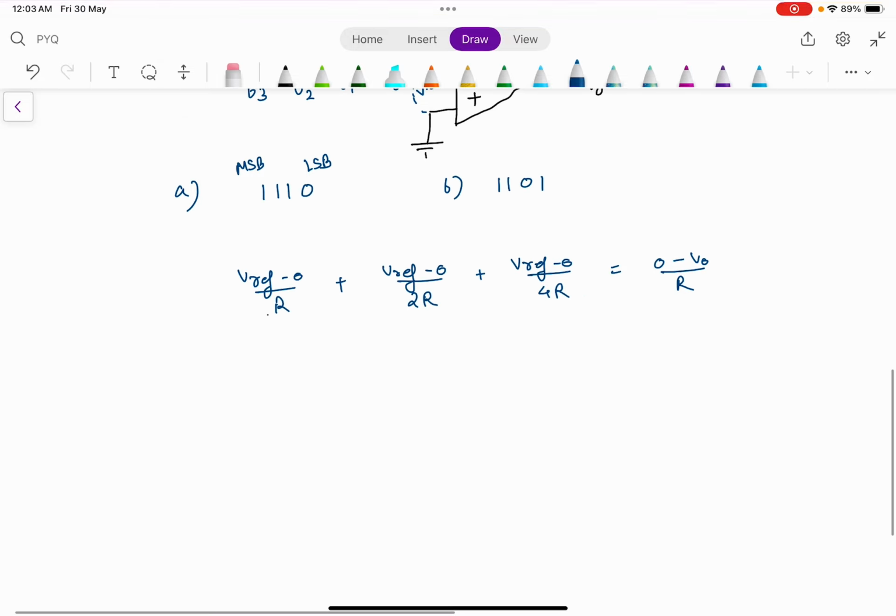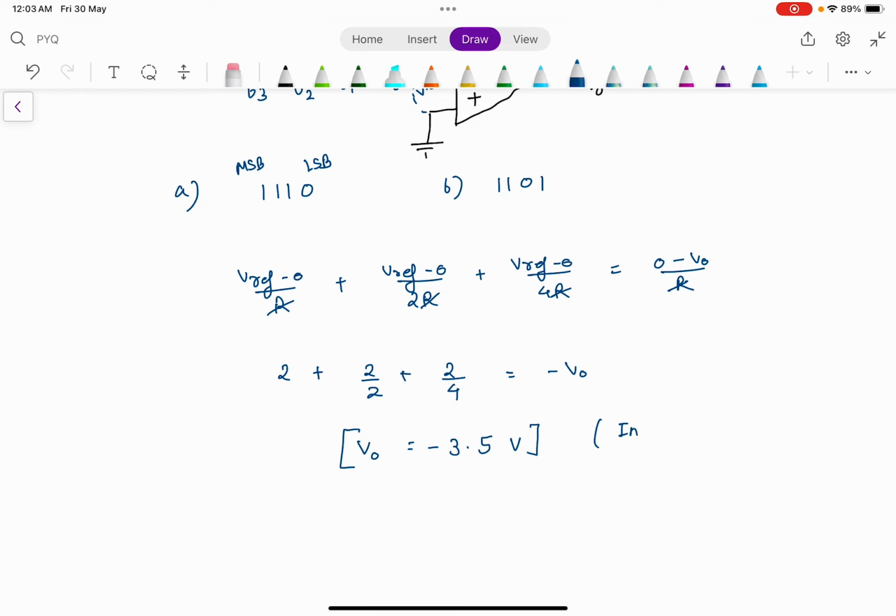Now R gets cancelled out, and Vref times (2/2 plus 2/4) equals V0. V0 is equal to minus 3.5 volt. The minus comes just because it is an inverting op-amp.